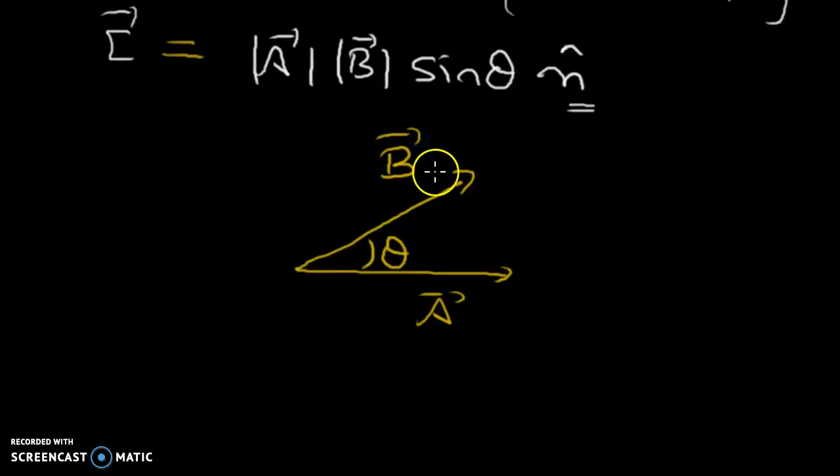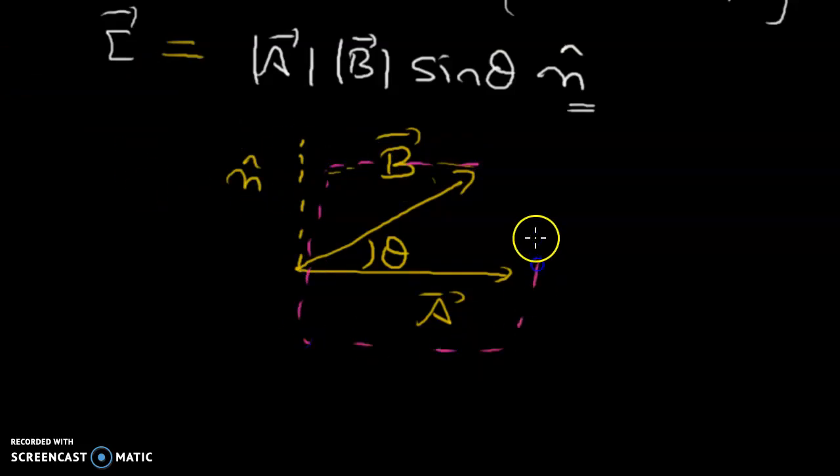The direction of the resultant vector C would be represented by n cap. If the plane of vector A and vector B is this, then the resultant C, represented by n cap, would be perpendicular to both. So cross product is always perpendicular to both.